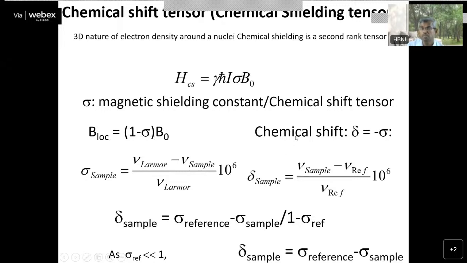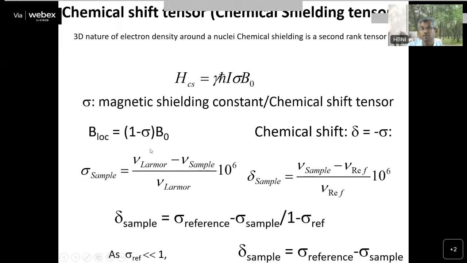Then sigma is nothing but the shielding constant, and it is related to chemical shift by this expression: delta can be seen as minus sigma. So sigma of the sample is nu Larmor, nothing but nu 0, minus nu sample, divided by nu Larmor. It can also be expressed as delta sample, just to refresh your memory, because delta is equal to minus sigma.